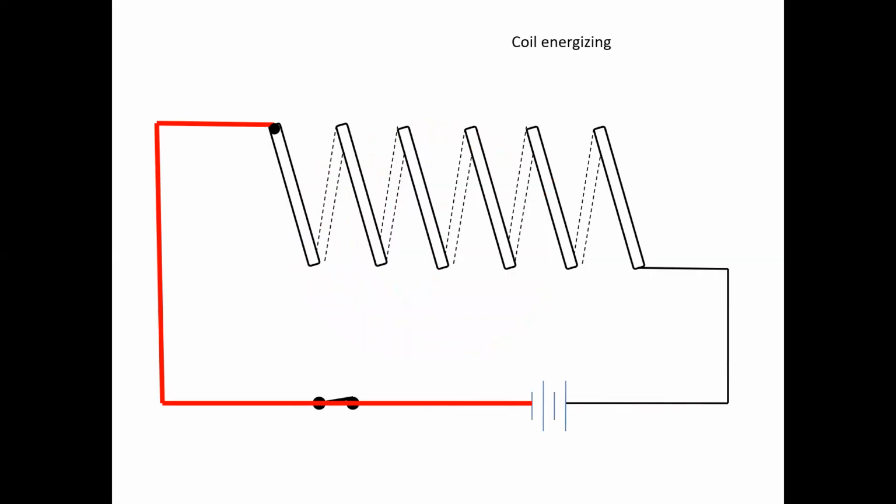In a coil or an inductor, the same thing will take place. As we have magnetic lines of flux increasing or expanding because of current flow, we will see the expansion of it at each turn of the coil. Now, an interesting thing takes place, and we're talking about nanoseconds here.